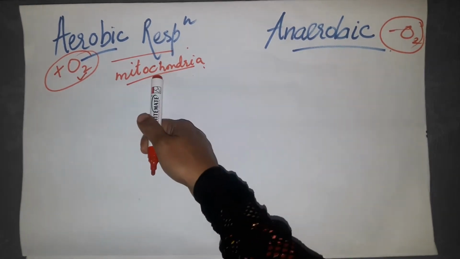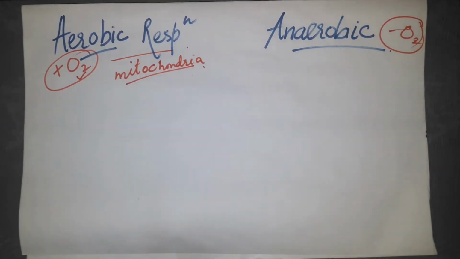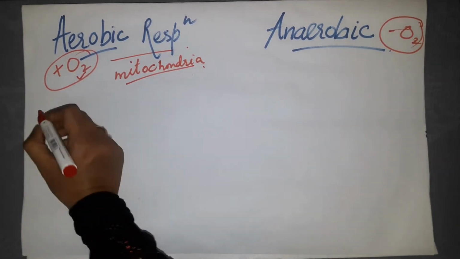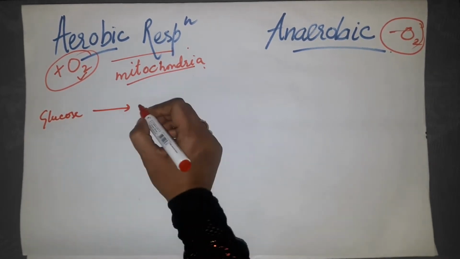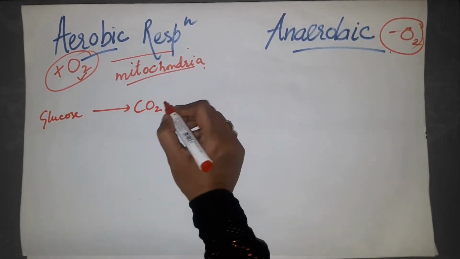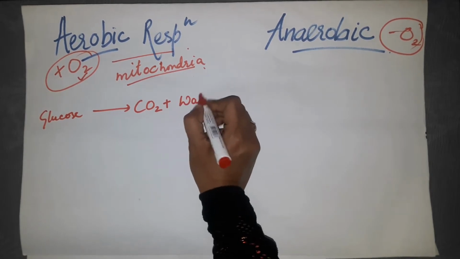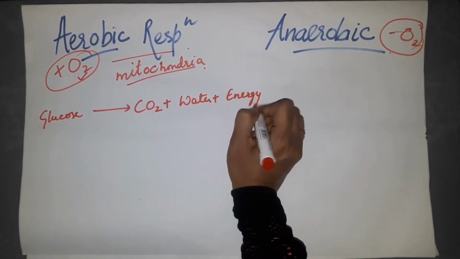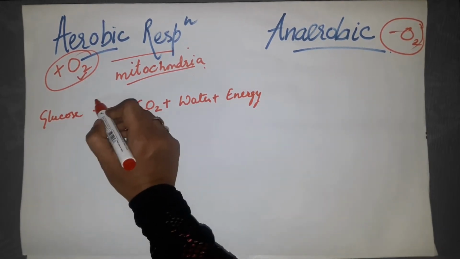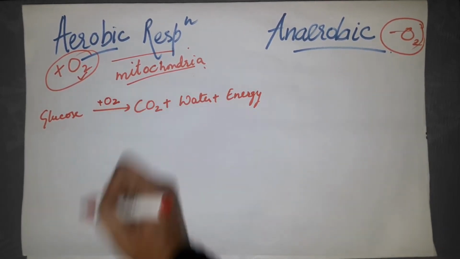So inside the mitochondria, the aerobic respiration will take place. And what will happen in that? The glucose is there. In the presence of oxygen, that will give out carbon dioxide, water, that is H2O, and energy.